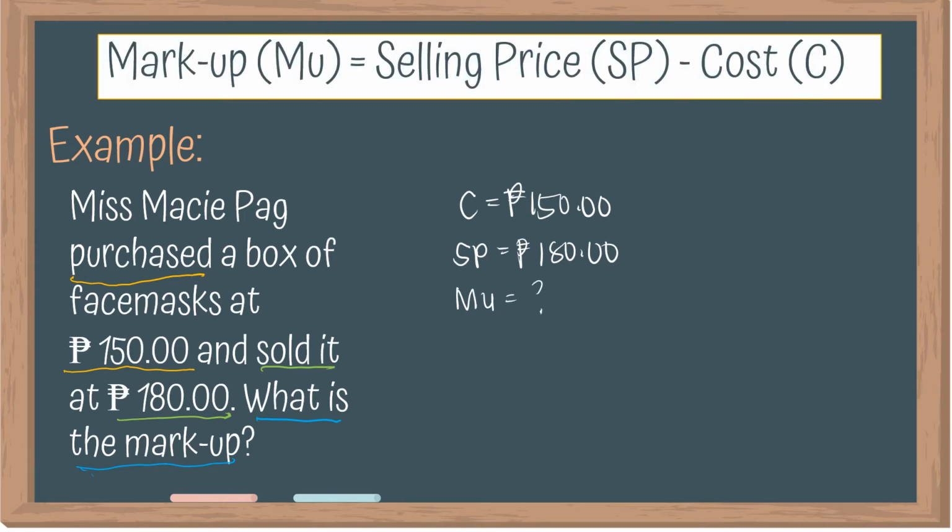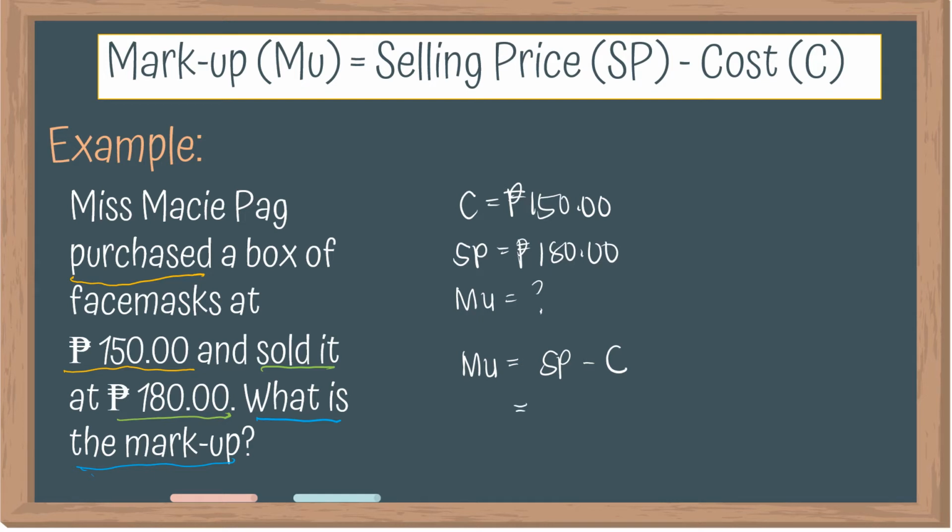So we already know that the markup can be obtained by getting the difference between the selling price and the cost. So if we're going to make use of this formula, we will be having markup is equal to the selling price minus the cost.